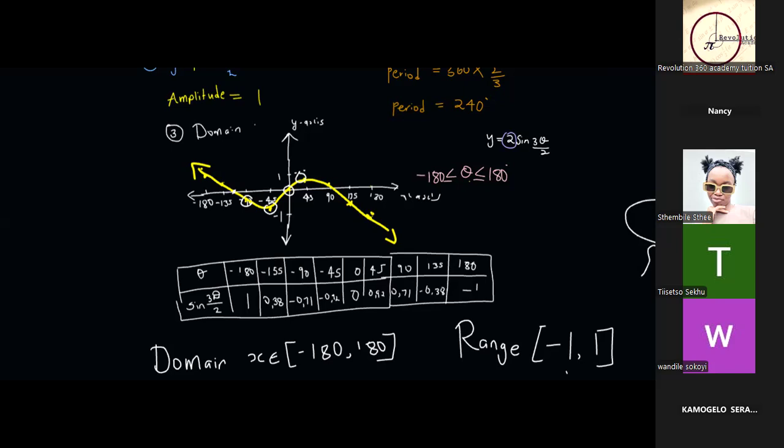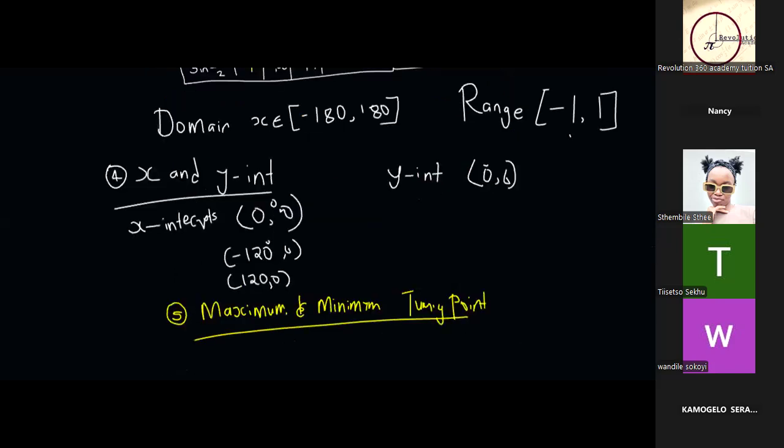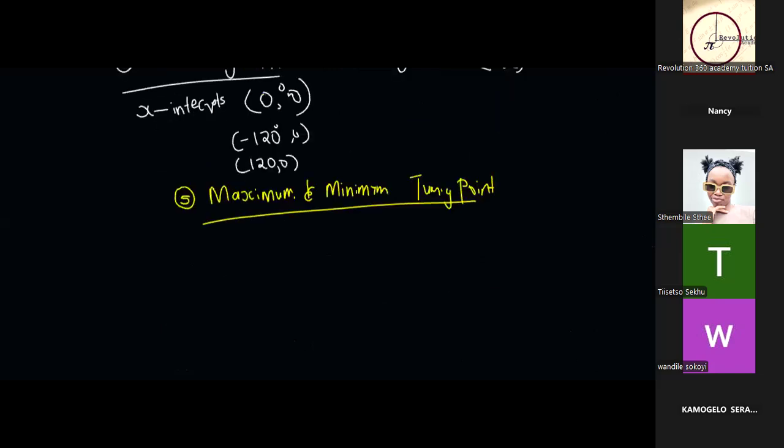So our maximum turning point will be minus 180 degrees together with 1. And it will be 60 and 1.